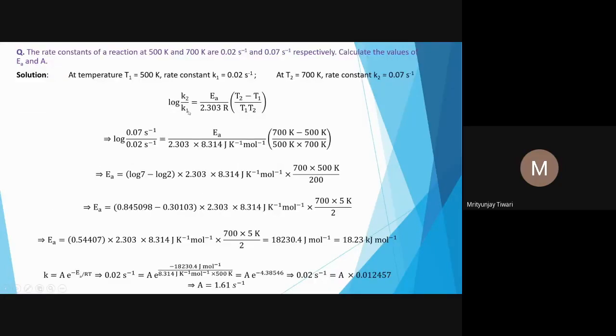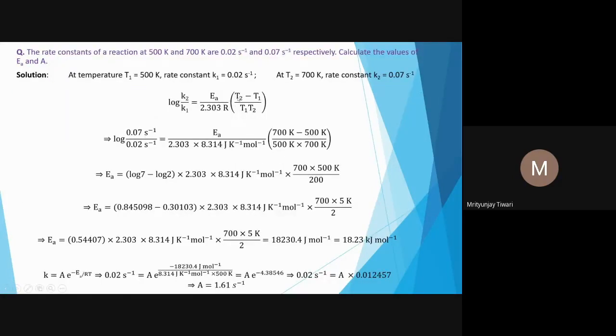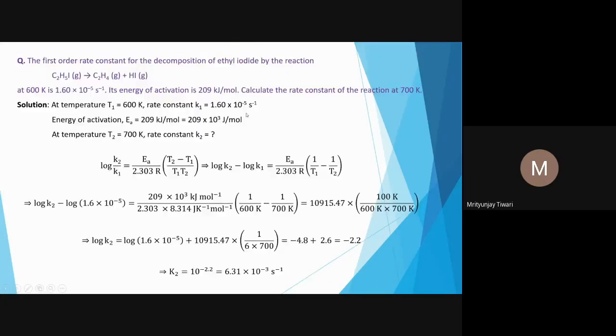log K2 by K1 is equal to Ea by 2.303 R into (T2 minus T1) by (T1 into T2). To remember this, T2 is here and K1 is below, T1 is here, and T1 into T2 is here. One can find different tricks to remember this equation for a longer time.